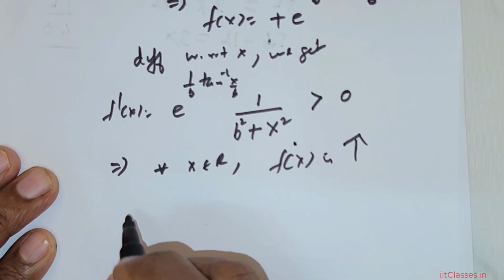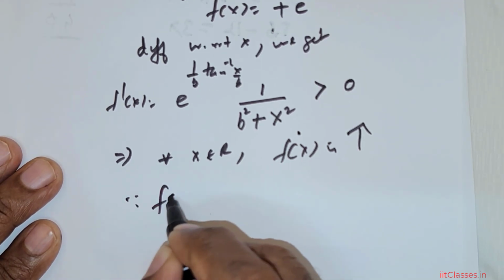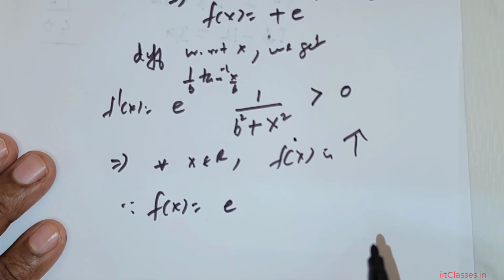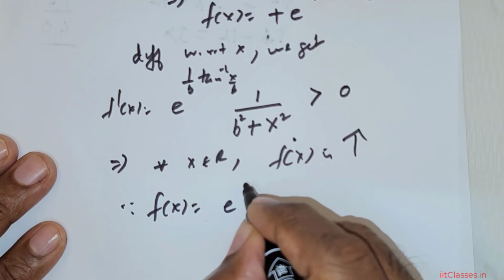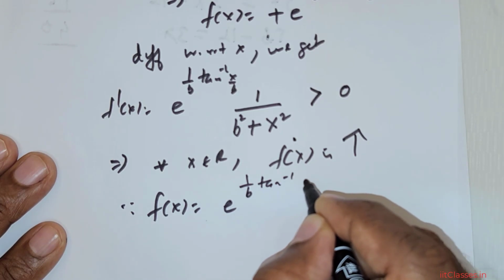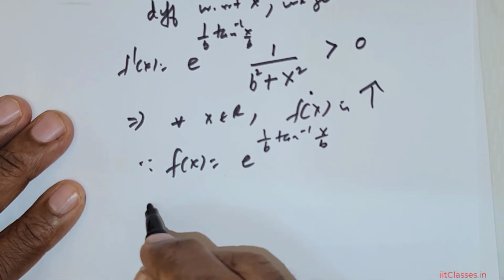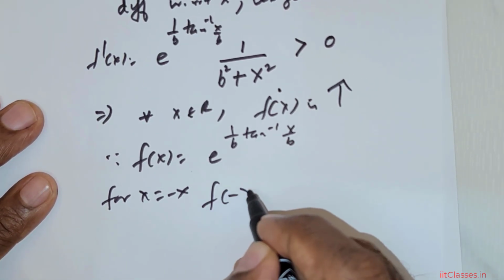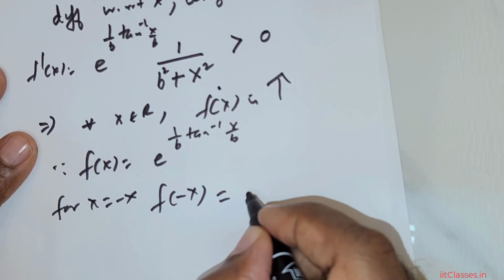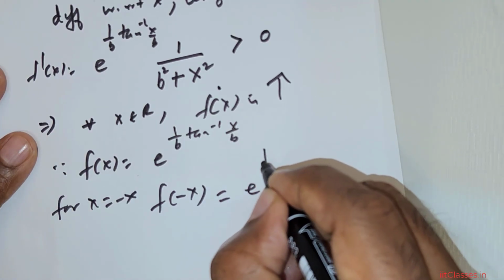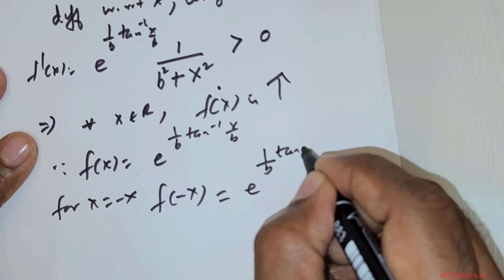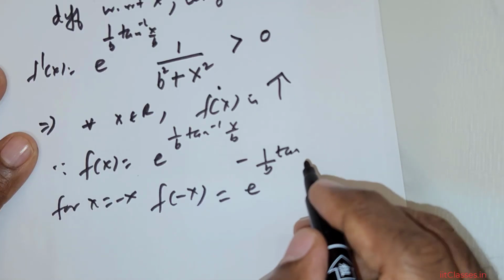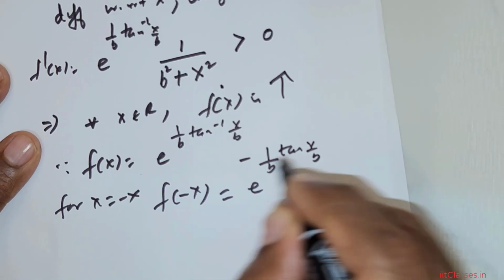Now for that, go back to the function. Since f of x is equal to e raised to the power of 1 over b tan inverse of x over b, for x replaced by negative x, f of negative x is equal to e raised to the power of 1 over b tan inverse of negative x, that's rewritten as negative x over b.